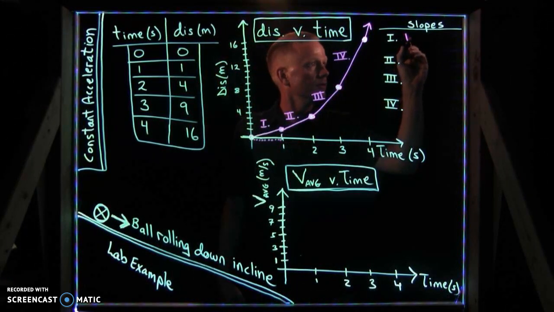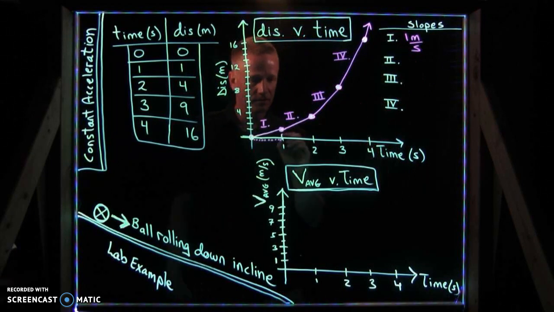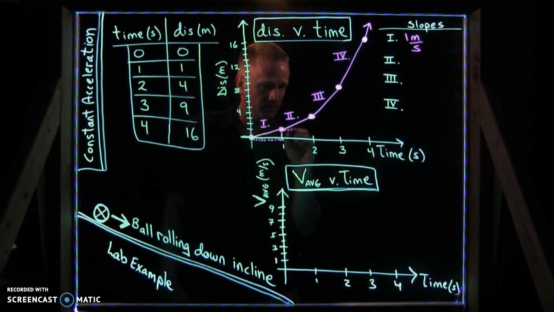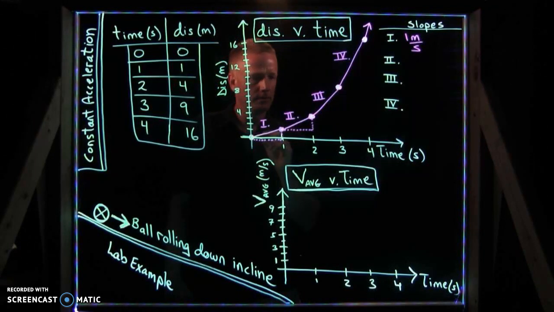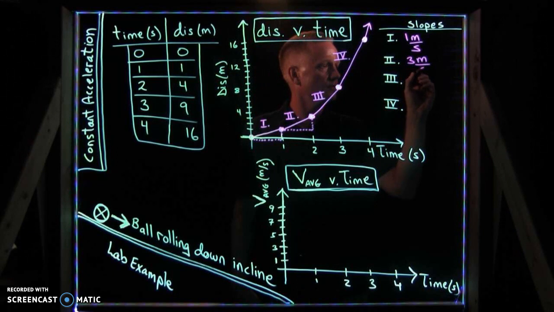You realize the ball rolls 1 meter in 1 second. That's its average velocity in the first second. Then in the second segment, from time 1 to 2 seconds, that's a run of 1 second. That's a rise of 3 meters. So its average velocity is 3 meters per second.